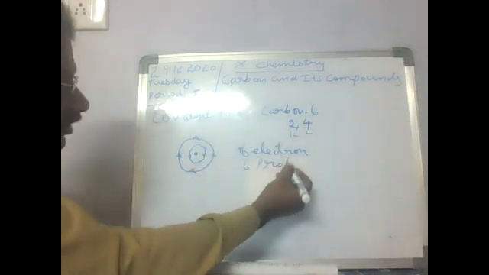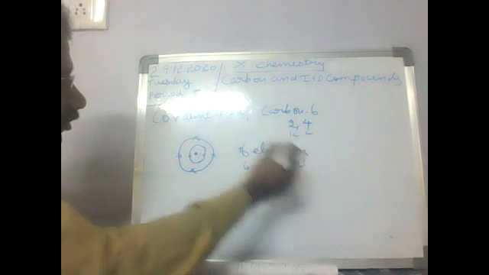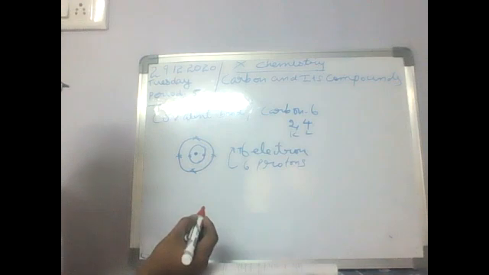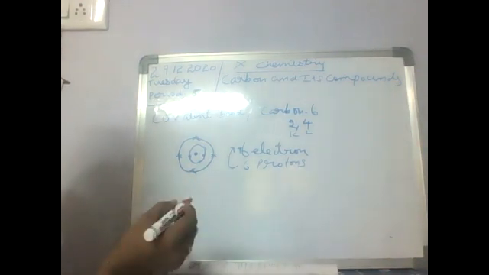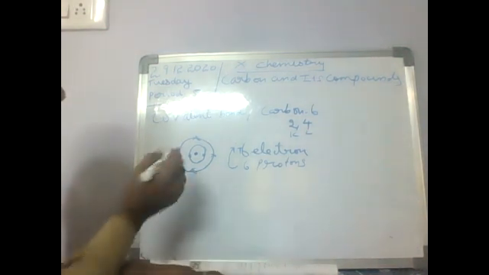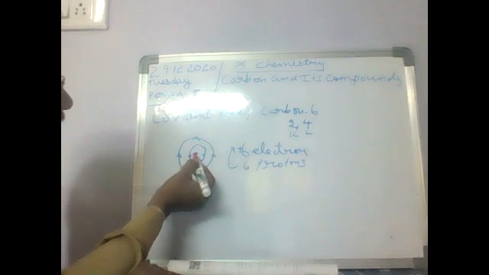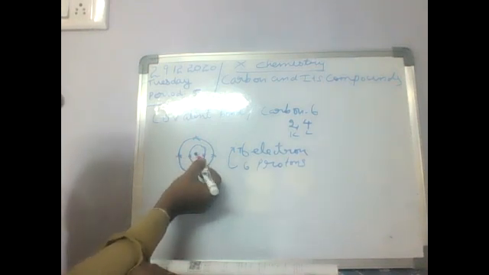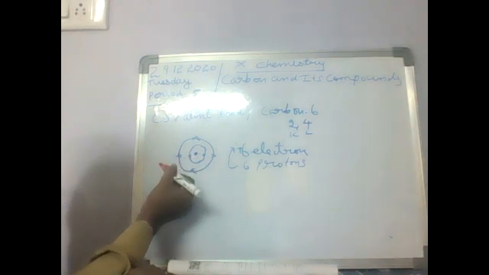The six protons attract the electrons very strongly, so it is very difficult to remove these four electrons from the outermost orbit of carbon.